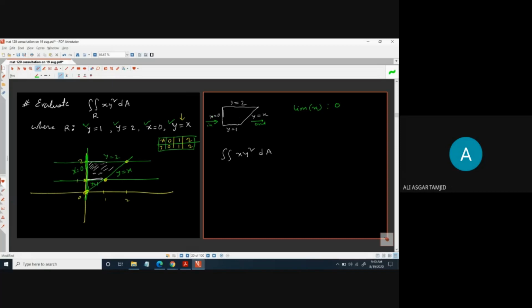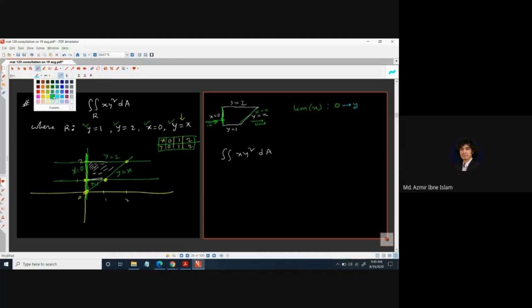This is the in part. At first, this line is touching this curve, and finally y equal to x. Our target is to find the x limit. Apparently it looks like y equal to x, but actually we have x equal to y. So the x limit is 0 to y.